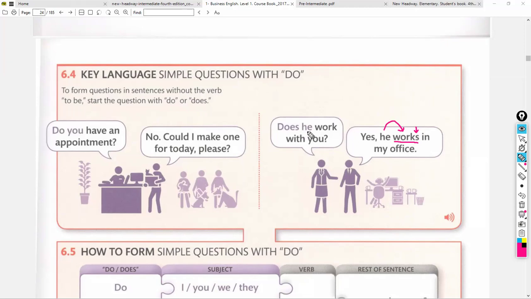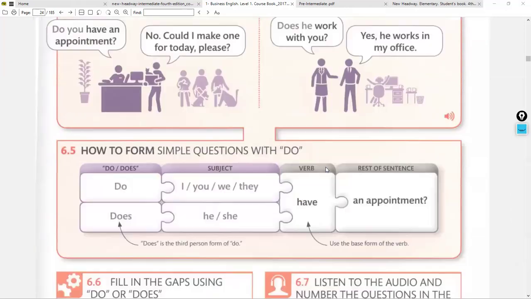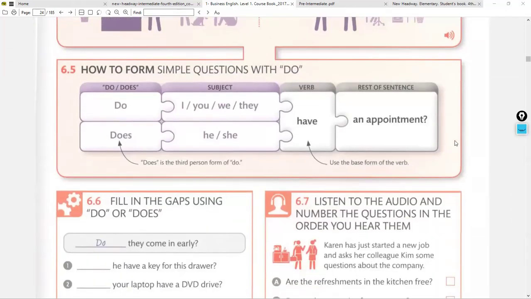But if you are asking a question, be careful, because I have to write the base form. Please be careful, because sometimes it is a little confusing. As we said, do and does are used with simple questions, or I can call them yes and no questions.